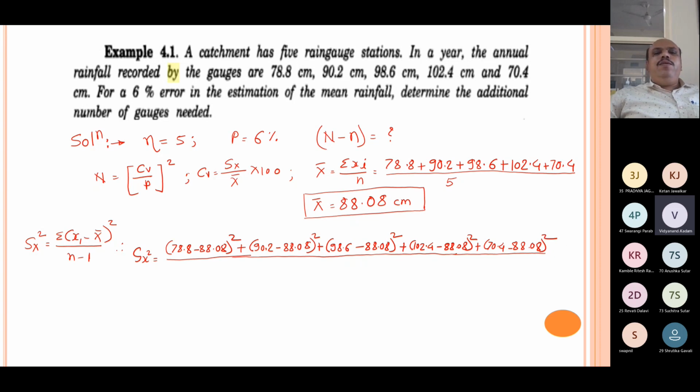Okay, so this is summation of (xi minus x bar) square divided by n minus 1, which is 5 minus 1, that is 4. So from this you get Sx square, and from that you calculate the value of Sx.